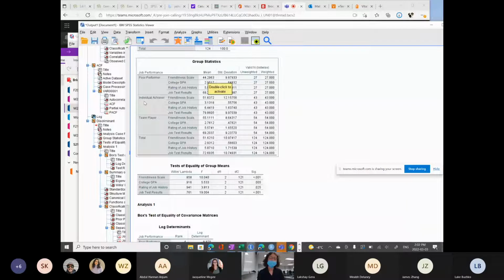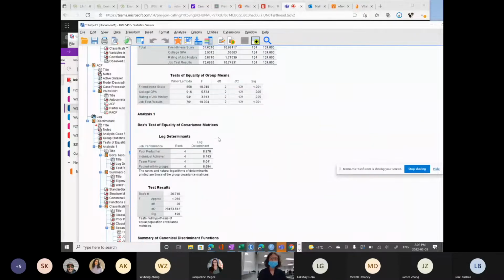And for group 2, individual achiever, the average for friendliness, 51, the average for GPA, 3.13, etc. So this is just the descriptive statistics, okay?